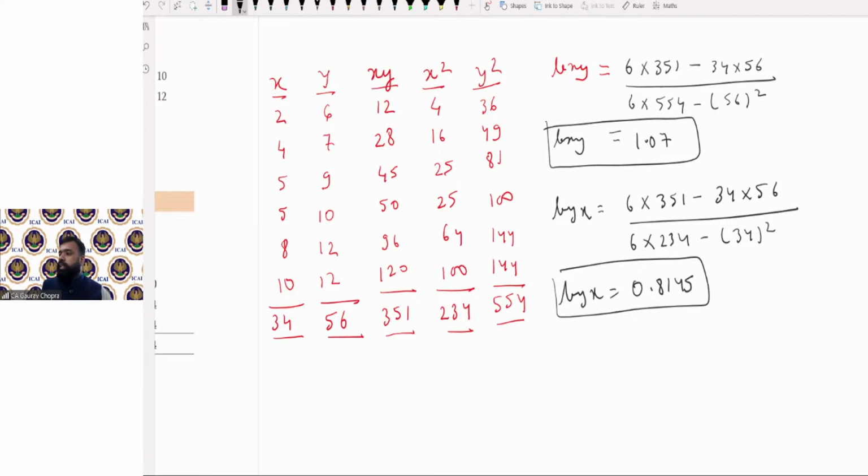So Rishikesh has given the answer 0.8145. This is byx. Now both the values are available. दोनों values आपके पास आ चुकी है.